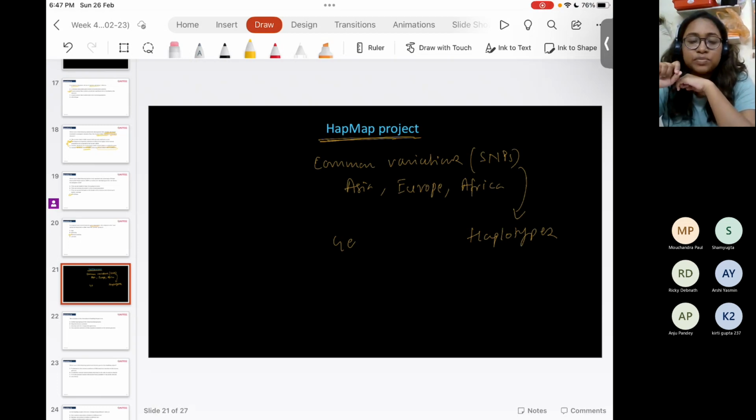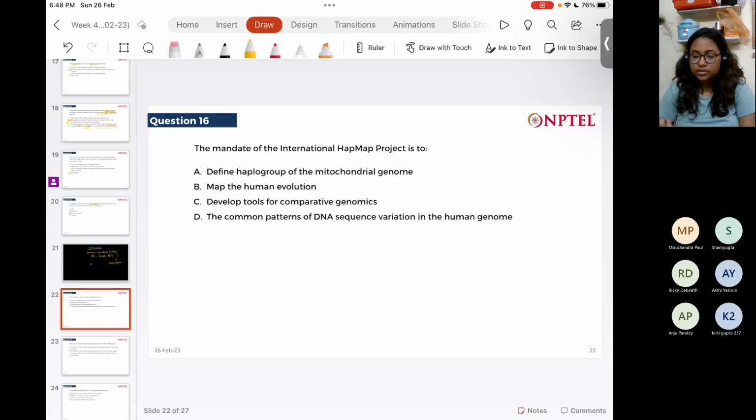Here the markers people use are SNPs which are linked together, and they segregate together when they are passed on from one generation to the next. So for identifying the genetic risk factors, people used inheritance of haplotypes and checked how that particular genetic risk factor was inherited within families and between unrelated families. Okay, so this is one question about the HapMap project.